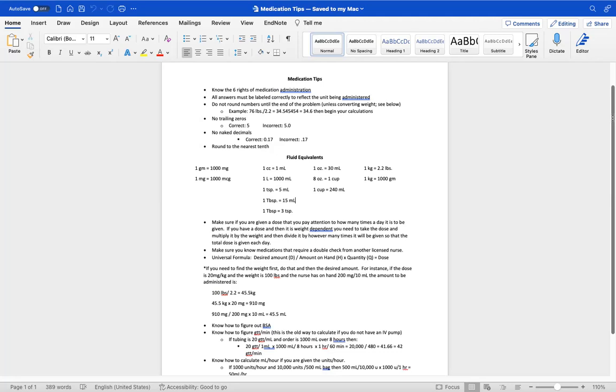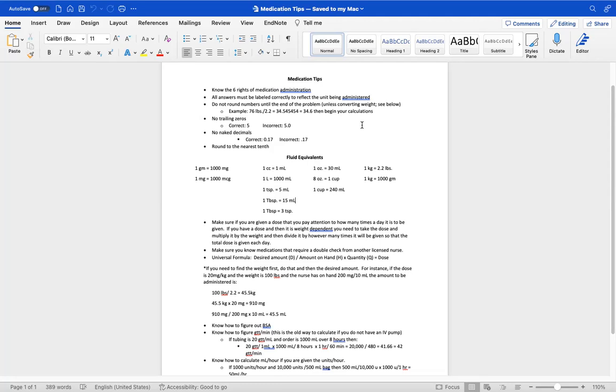So 2, be sure that whenever we are going through the med calculations on any exams, things like that, that we're using our rounding rule. Really pay attention to that, whether it's asking for that 10th place, that 100th place, or if it's asking you to round up to the whole number, especially with hours that we'll see in the med calculation sheet. So be sure to not round any numbers until the end of the problem, especially with weight conversions.